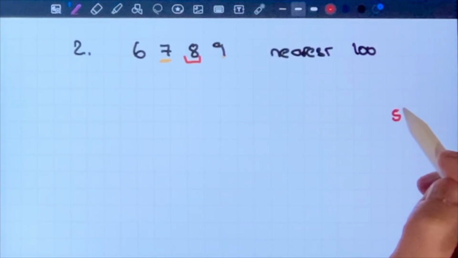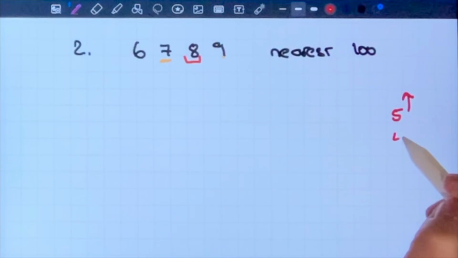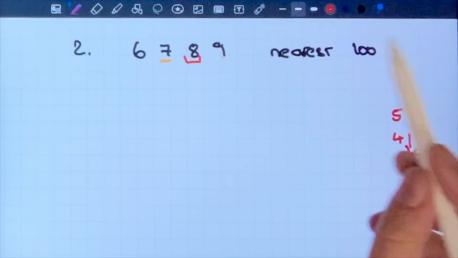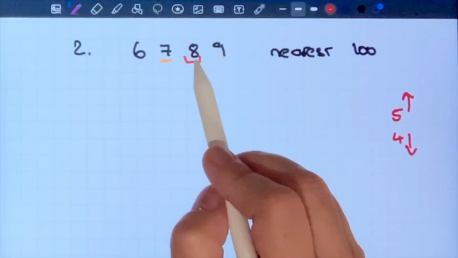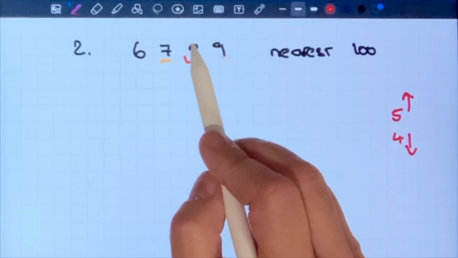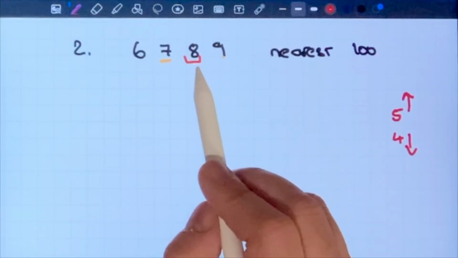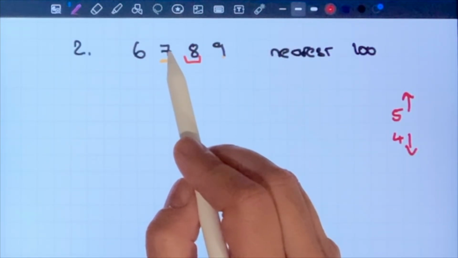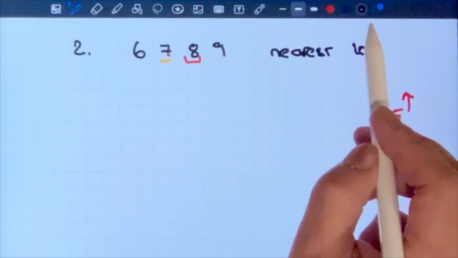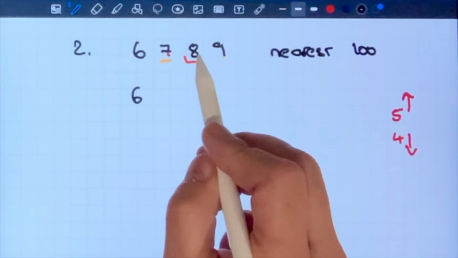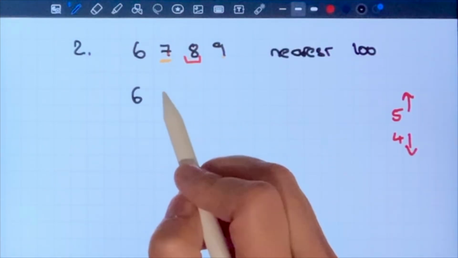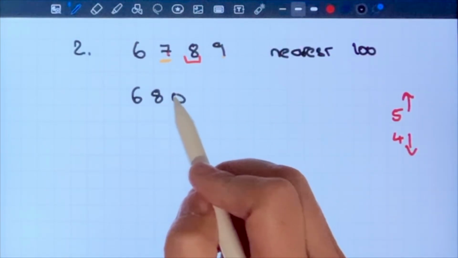So going back, we know that if a number is 5 or above, we round up. So that means that we're going to round up. So this will now become 8, because the critical digit is telling me to round this up. So it's going to become 8.